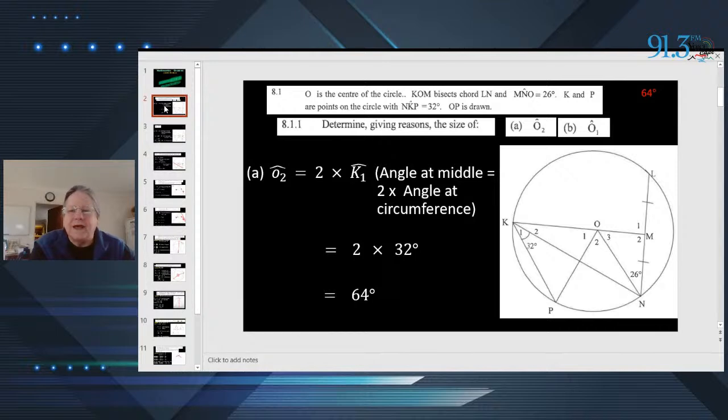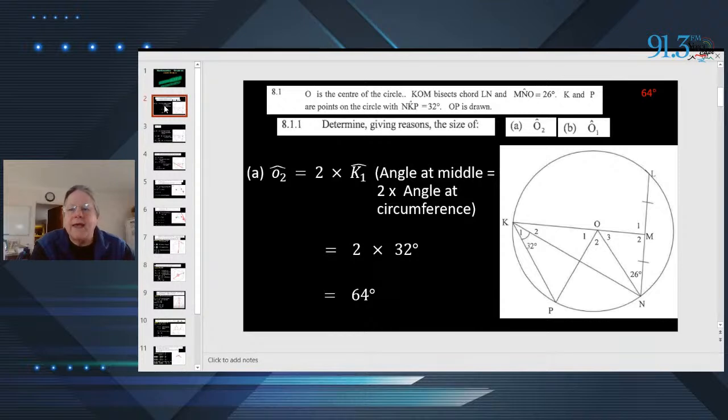This one does not have a diameter, so we won't go any further, but we at least know there must be radii because it's the center of the circle. Our radii would be OK, OP, and ON. So if you look at OKP, that would be an isosceles triangle because of the radii OK and OP.